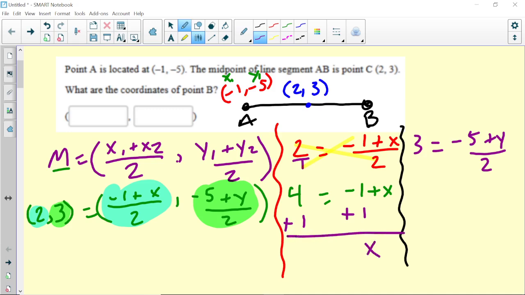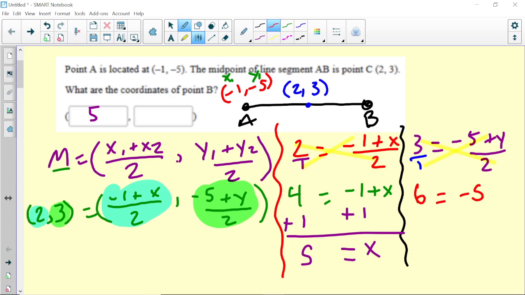And I'm going to be left with x equals, and 4 plus 1 is 5. So that means my x coordinate is 5. Now let's do our y coordinate. Same thing, this is over that invisible 1, where we can then cross multiply. I know that 3 times 2 is 6, equals 1 times the top part on the right is the same thing.